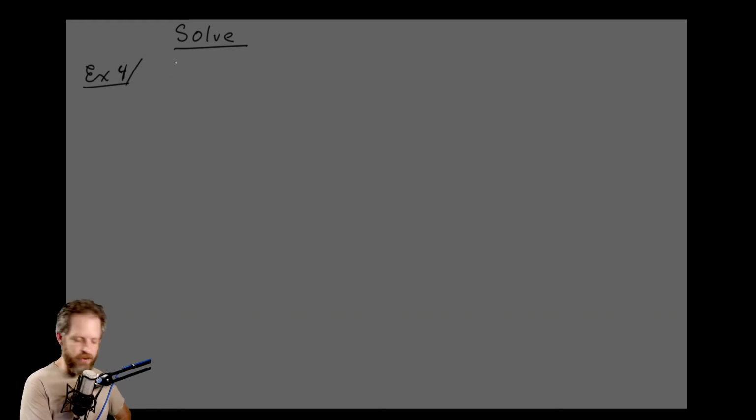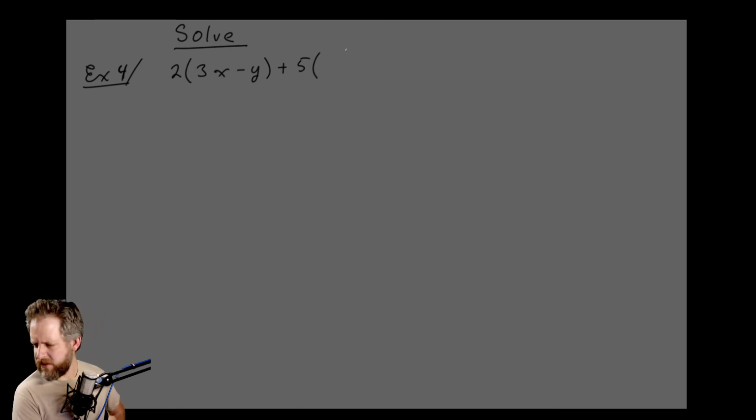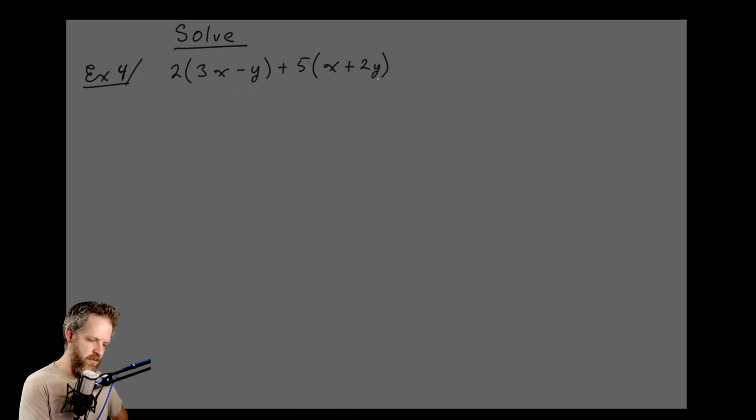So here's what we're going to do. We're going to do 2 times the quantity 3x minus y, close parentheses, plus 5 times the quantity x plus 2y, close parentheses.